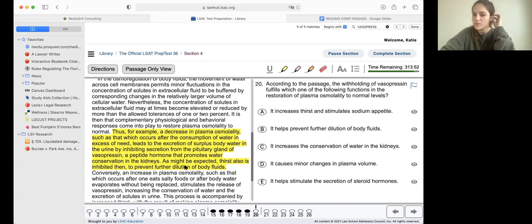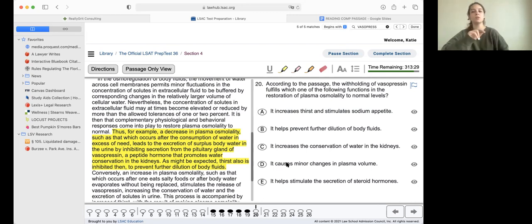All right, so for this one, we're stuck between B and C. So if you were looking at something else, put it away. If you chose B, then I want you to make sure that you have proof in the passage. If you chose C, I want you to specifically look at if that is said in the passage.